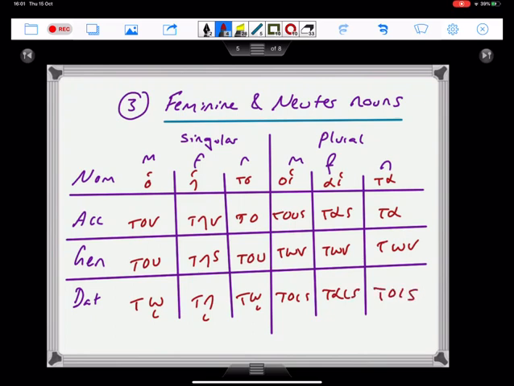A few things to notice about the definite article. Neuter plurals all end in alpha, and this is going to be consistent across words you look at. Neuters are the same in the nominative and accusative, in the singular as well.